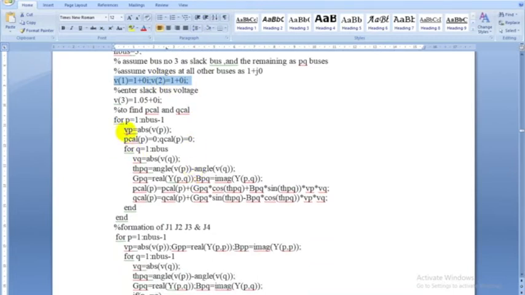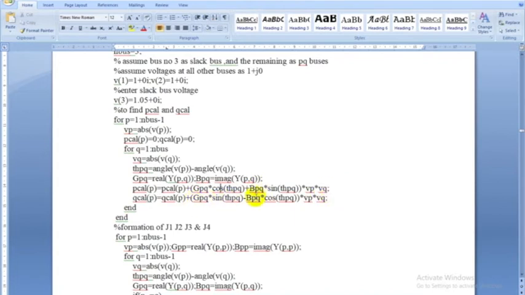Next, as per the formula of finding the Jacobian element, these are the two formulas, PP and PQ formula. So this formula is GPP Vp square plus the summation of GPQ into cos plus BPQ sin, VP VQ.